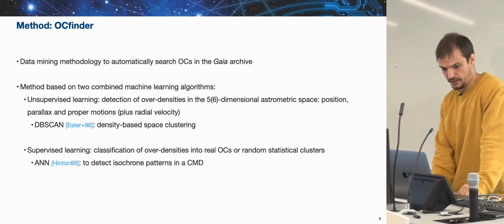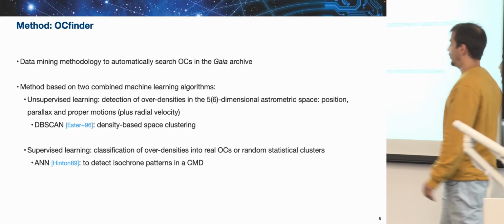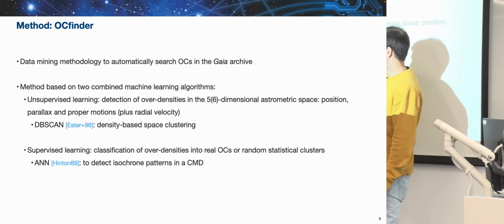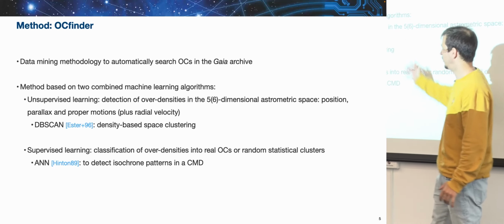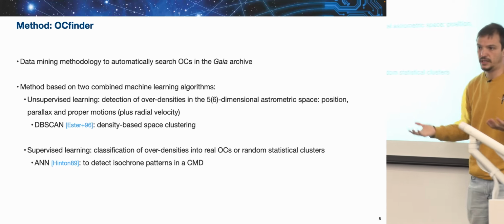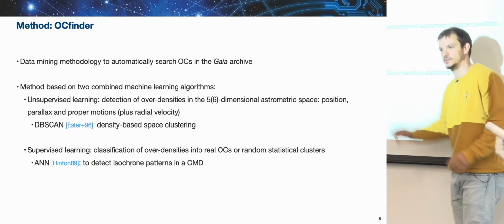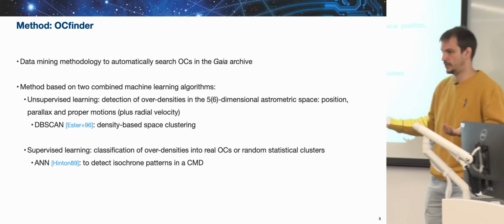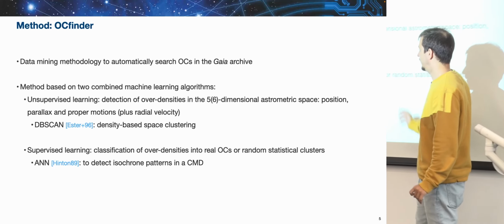Now is where the machine learning comes in. Our methodology is based on 2 steps. In the first step, as I said, these clusters can be defined as overdensities in the astrometric space. So we used unsupervised learning, a density-based clustering algorithm, to find these overdensities in the 5-dimensional space. Ideally it would be the 6-dimensional space when we add the radial velocities, but because that is not a complete dimension, we left it out.